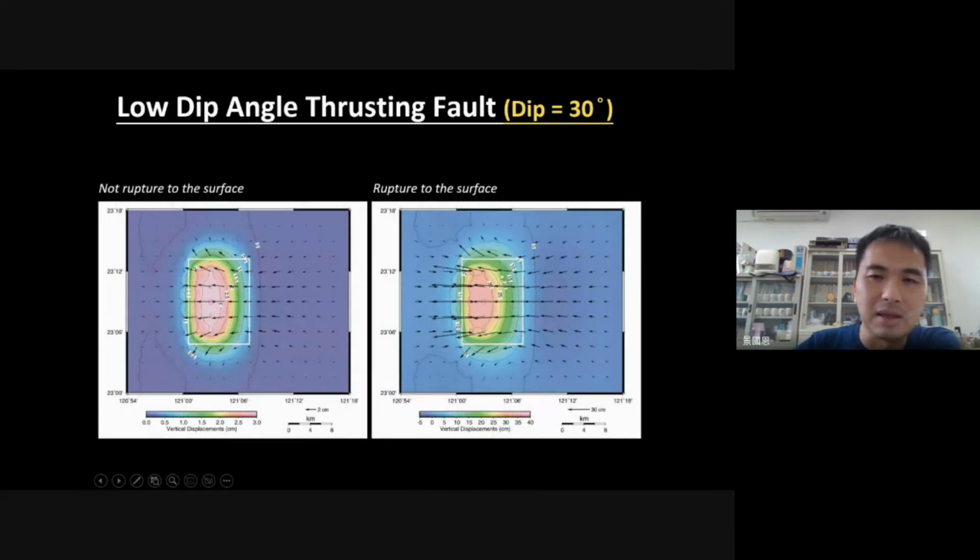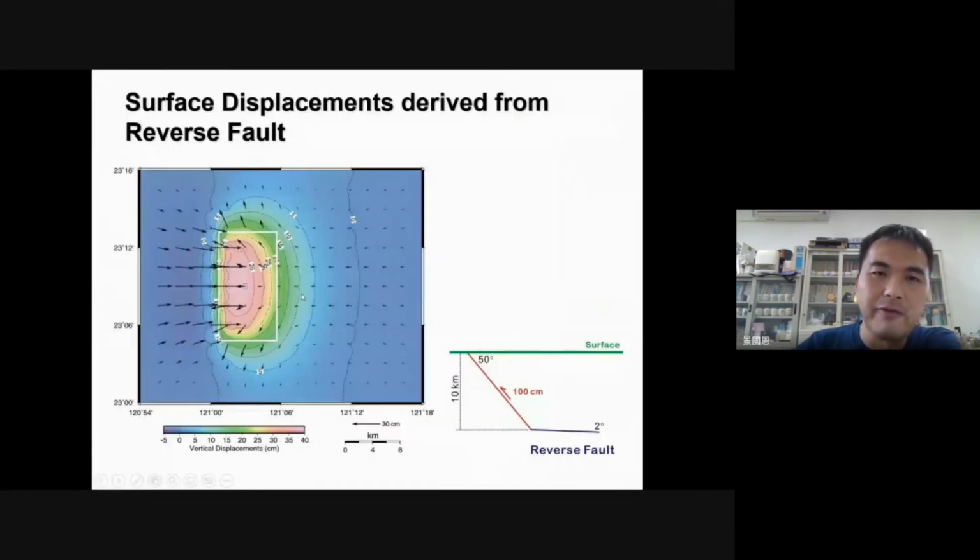So the idea is the patterns are different. In the low angle thrust faults, the vectors here are larger than the vectors here. However, for the high angle reverse faults, the patterns are different.